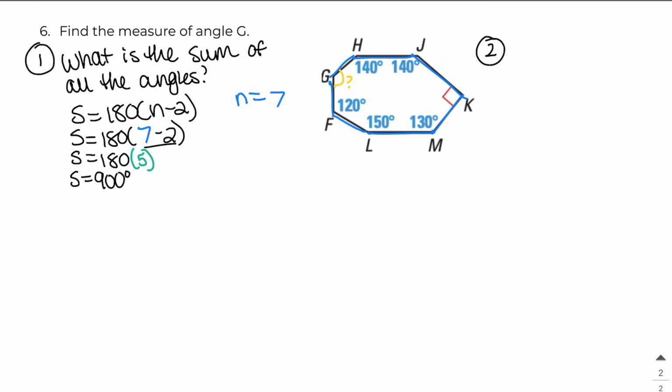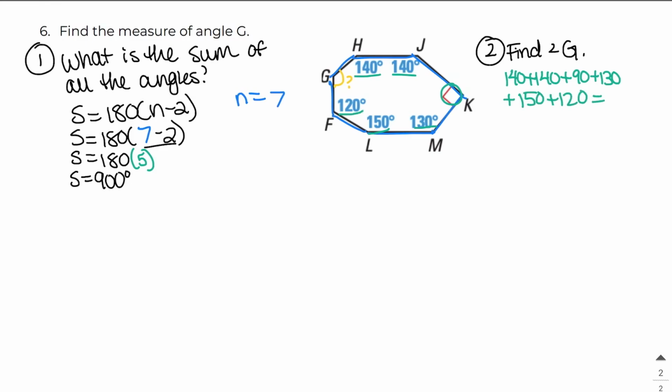Now I need to use that to find the missing angle. To figure that out, I need to add up all the angles that I do know. So I know this 140, I have another 140, I have a 90, I have this 130 right here, I have 150, and I have 120.